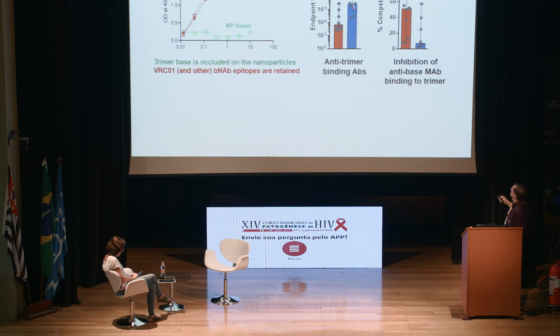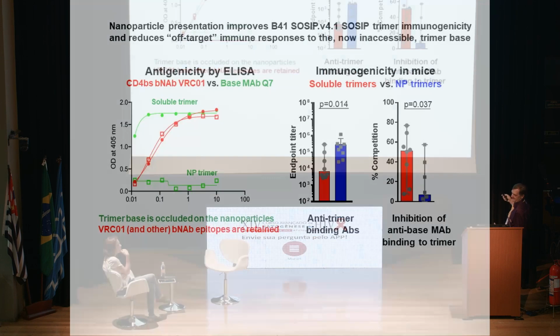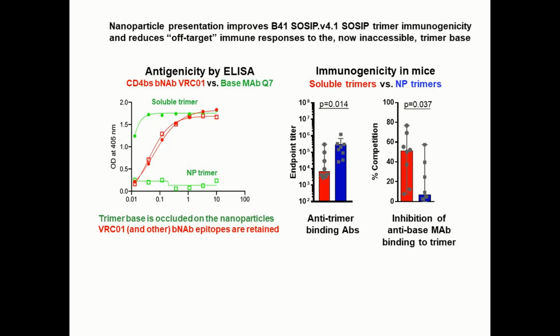And in the mice, the immunogenicity of the trimer base is reduced in the nanoparticles. So that's antigenicity in vitro. That's the antibody response: we get inhibition of anti-base antibodies. That's the anti-trimer antibody to the soluble trimer and to the particle trimer, so it's greater in the particle trimer, but the anti-base antibody is less on the nanoparticles, so we can block off the base.